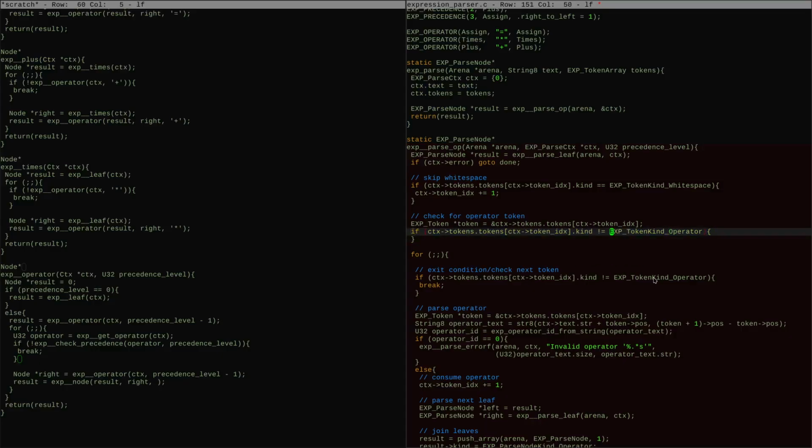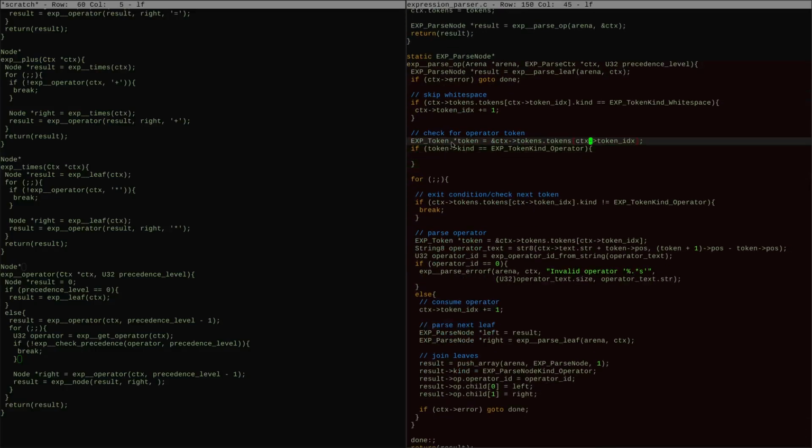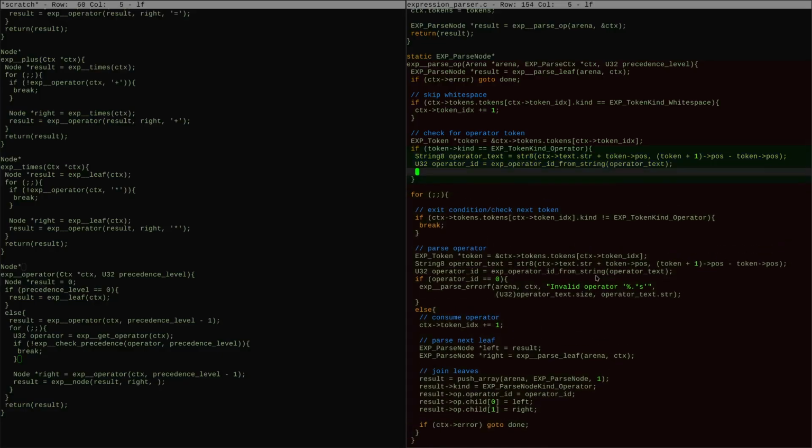Say, okay, if this token is an operator, then we get the operator text and the operator ID.